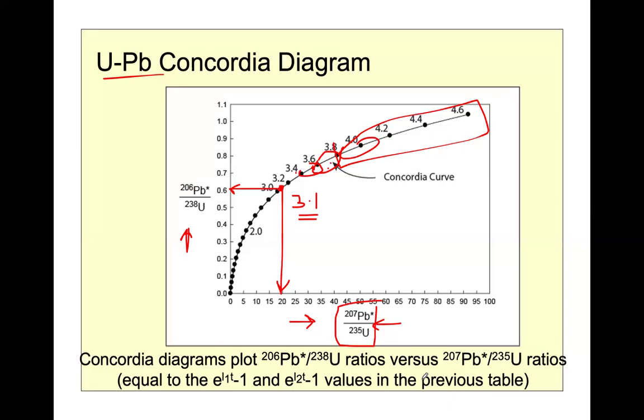But the software itself will convert them into this ratio, because this is a special ratio that we are considering for the Concordia diagram, right? So even though I said that you can get these numbers from the machine, it is not directly given. First, you get some classical ratios, 206 and 207, normalized to 204, and then it will be converted into this form, right?